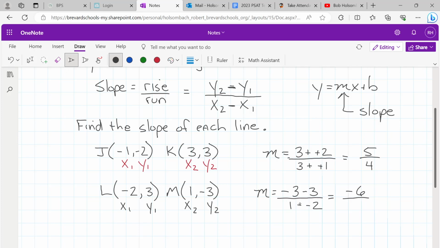And we're subtracting a negative again. So we get a 1 plus 2, which is 3. Now, this negative 6 over 3 simplifies to negative 2. So the slope of this line is just negative 2.